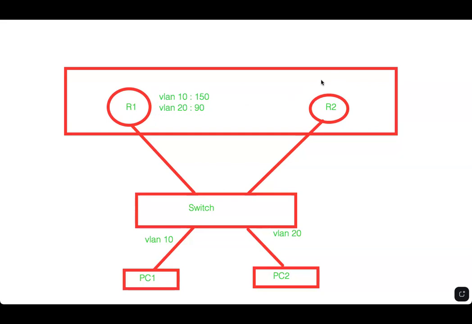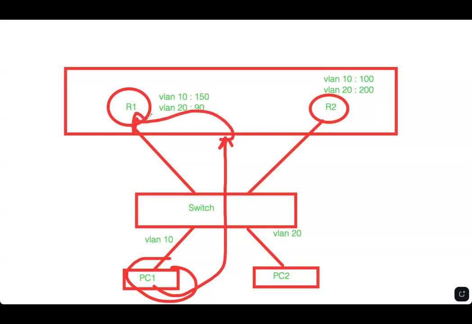Here VLAN 10 priority is 100, VLAN 20 priority is 200. So from this setup, we know the PC1 traffic should point to the virtual IP of the group, and because VLAN 10 has the high priority here, the traffic should go to router 1.